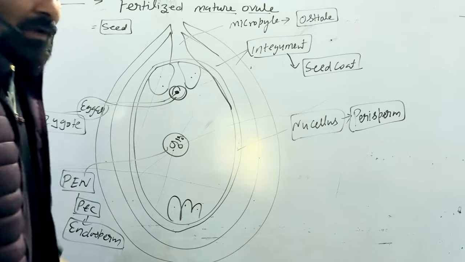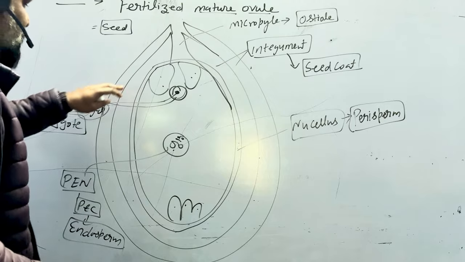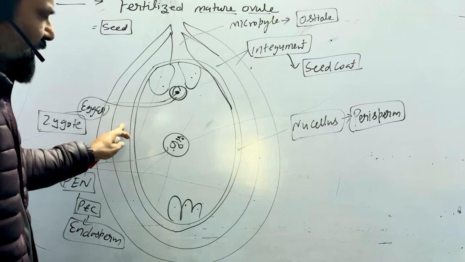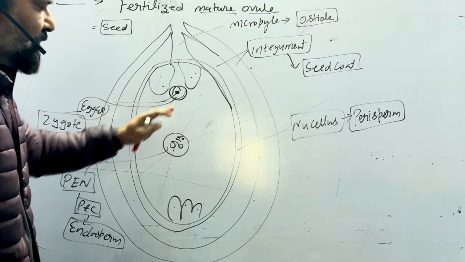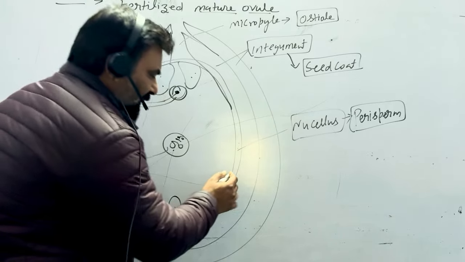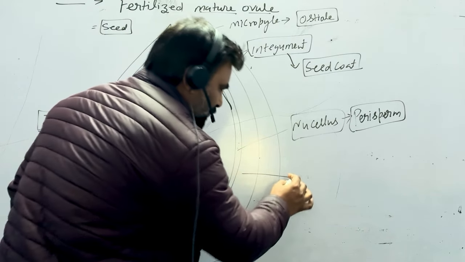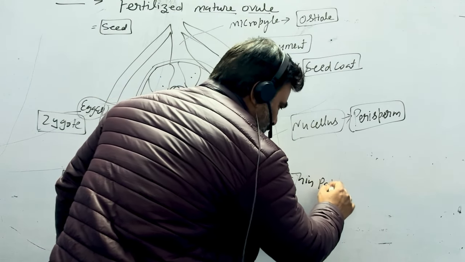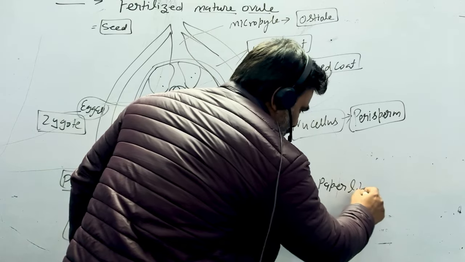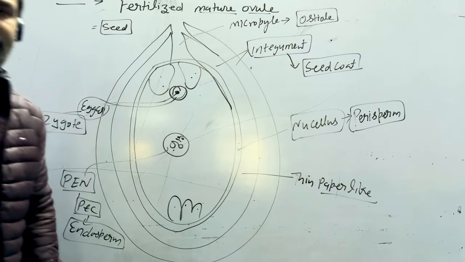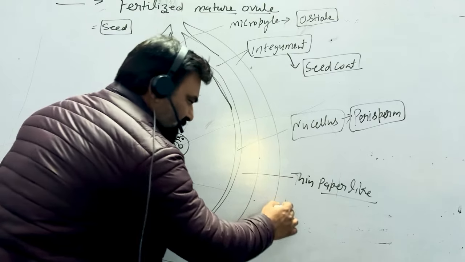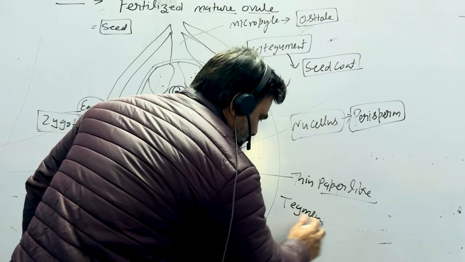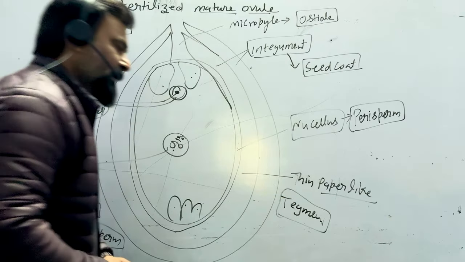And sometimes the outer integument is present, while the inner integument is digested by the developing embryo, and it remains as a small, thin, paper-like structure that is known as tegmen.